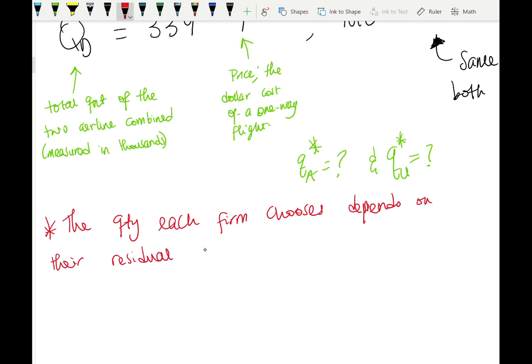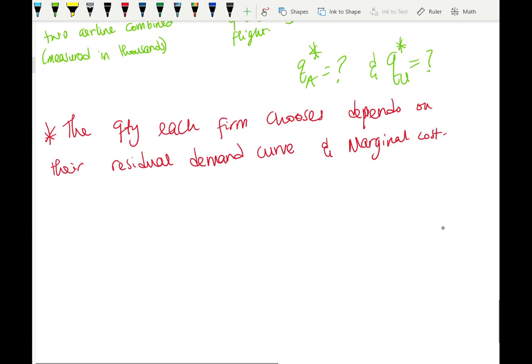We introduced this in the other video. Remember, it's the demand that they are going to supply to the market. And it depends on their marginal cost, where what we want to do is maximize profit.